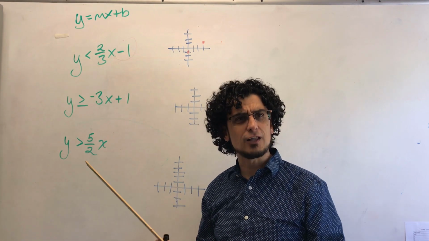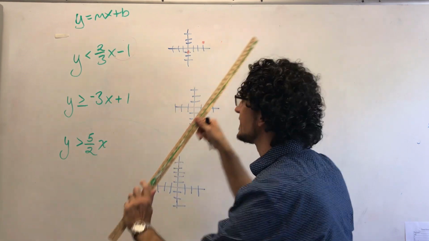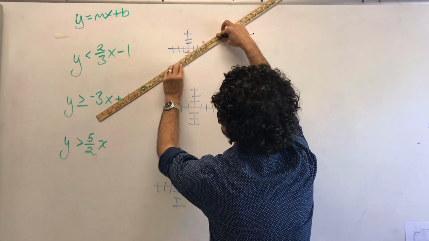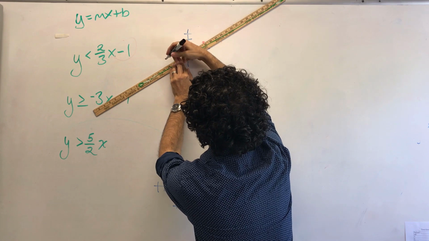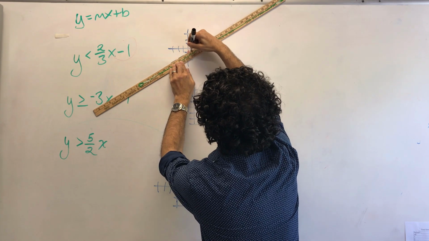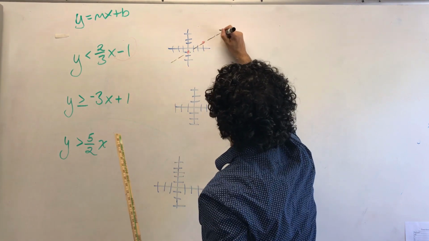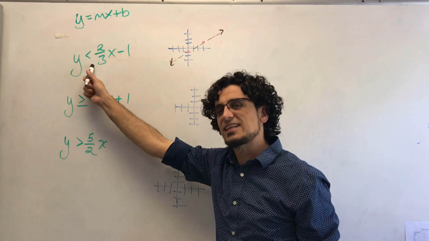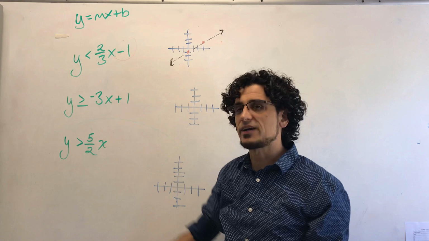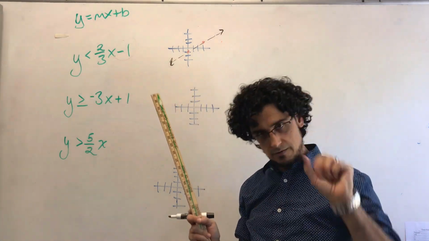How do you graph a hollow line? I'm so glad you asked that. The way we graph a hollow line is that I'm going to graph it as a dotted line. All right, so I have this dotted line. When you graph inequalities and it's not equal to, it's just less than or greater than, you graph a dotted line. Everybody okay with that?